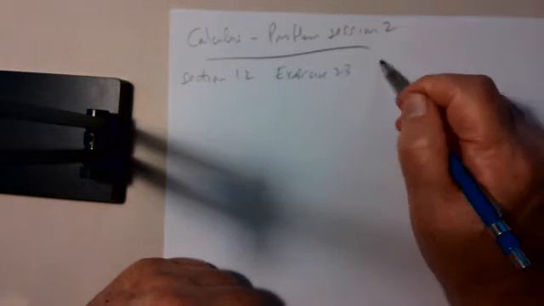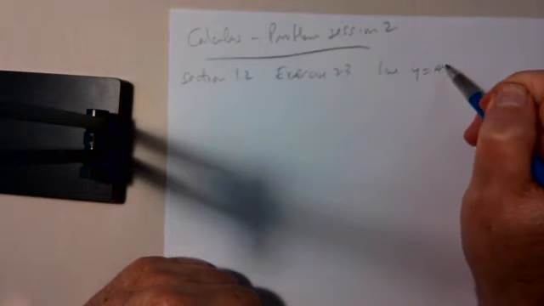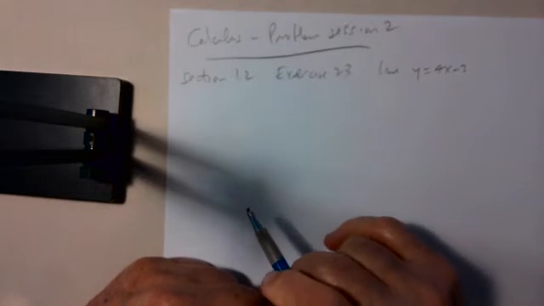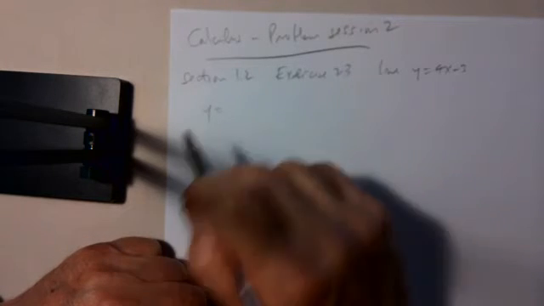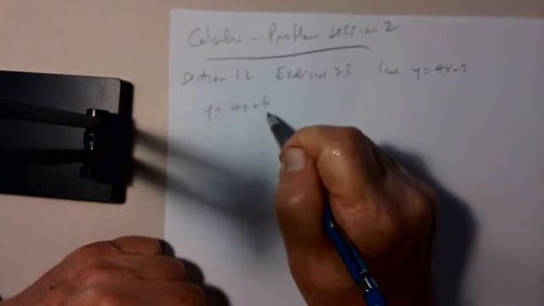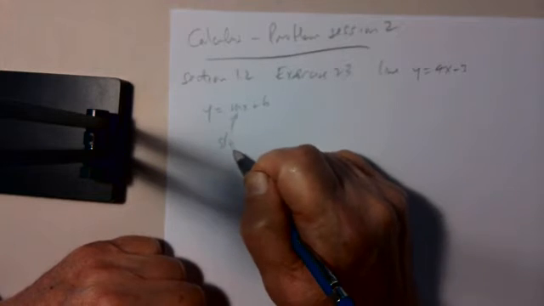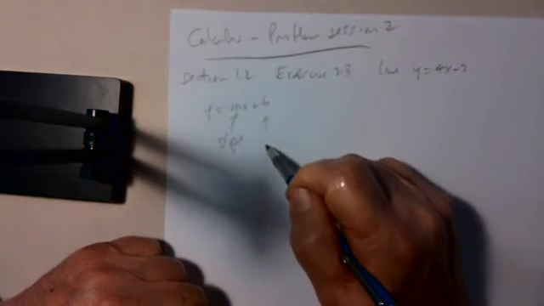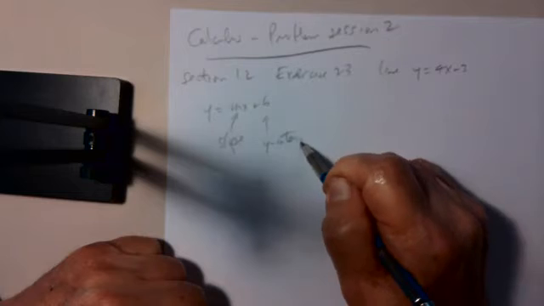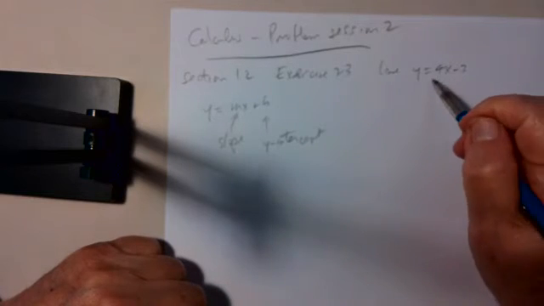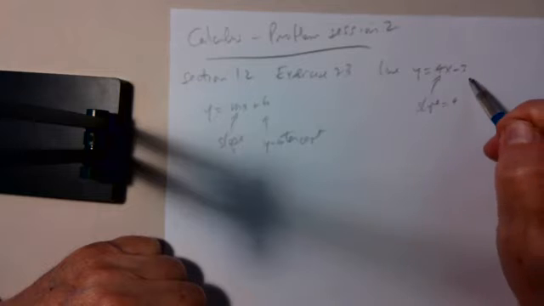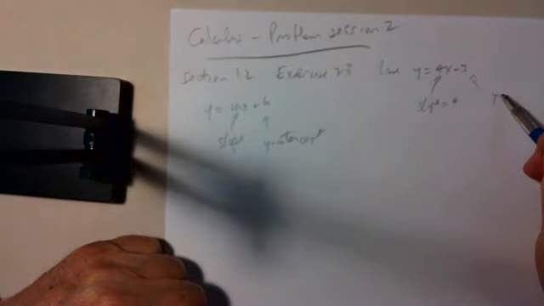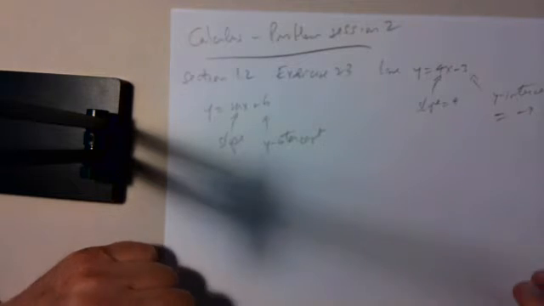So we have the line y equal 4x minus 3. So, you know, if you have the standard slope-intercept form for a line, y equals mx plus b, m is the slope and b is the y-intercept. So for this line, the slope is 4 and the y-intercept is minus 3.